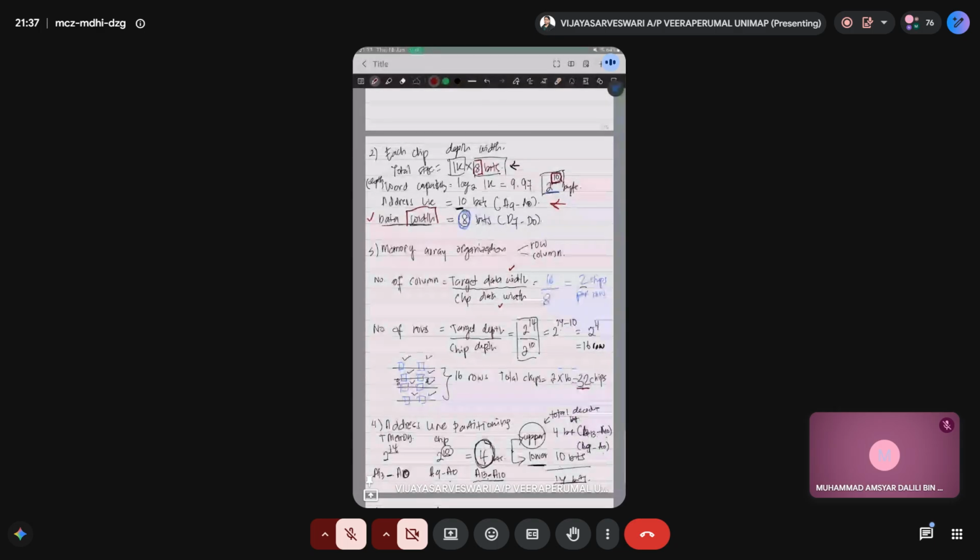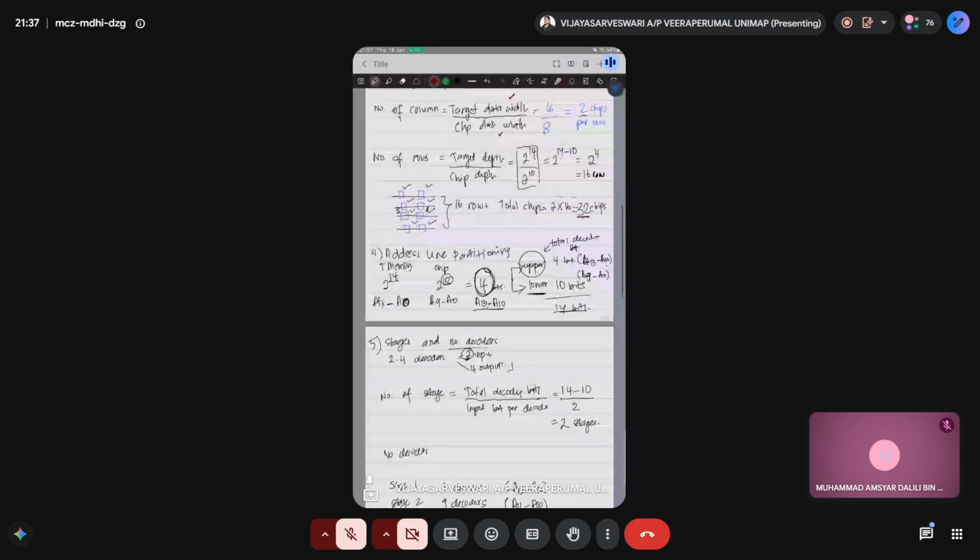That's all. Once you have got the number of rows and columns, now we go for the partitioning. How many lines do we need in the upper bits and how many lines inside the lower bits? For the lower bits, you take your chip size, 2 power of 10, so 10 is for the lower bits. Then your main memory size is 14.